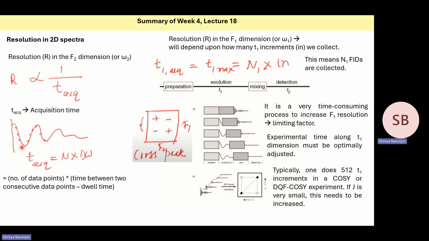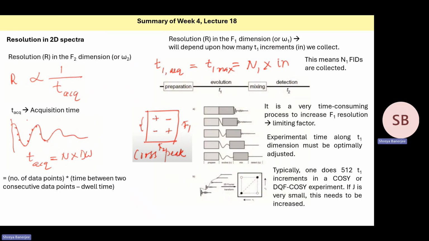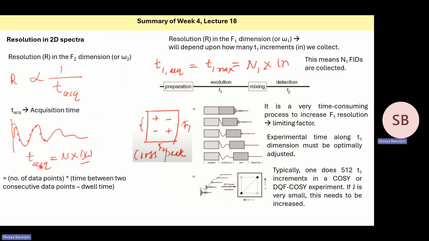If the number of points collected is n and the time interval between each point is dw, the dwell time, then the number of points multiplied by the dwell time gives you the total time required to collect the FID, that is the acquisition time. Resolution is inversely proportional to the acquisition time.